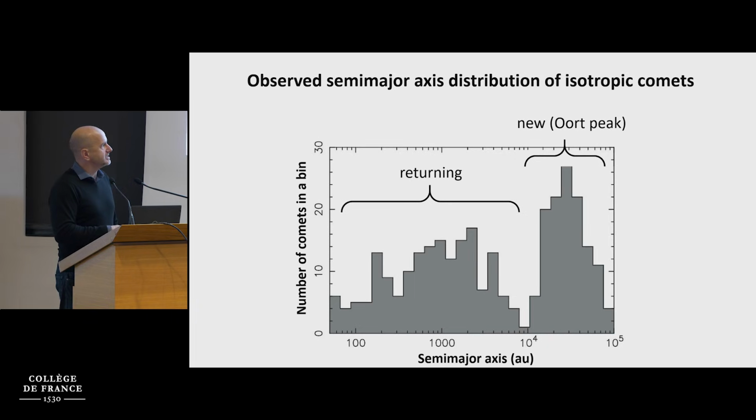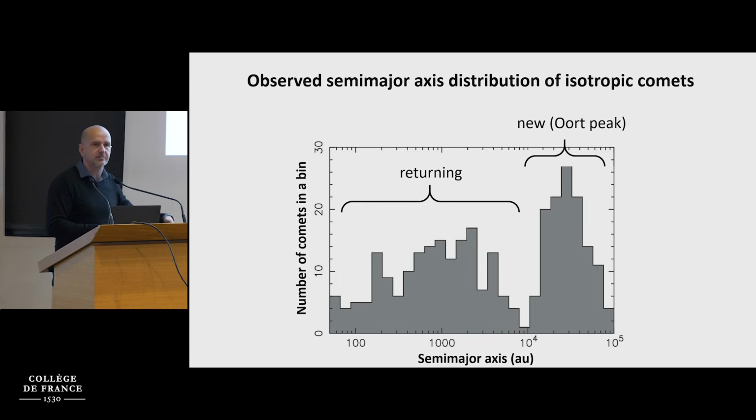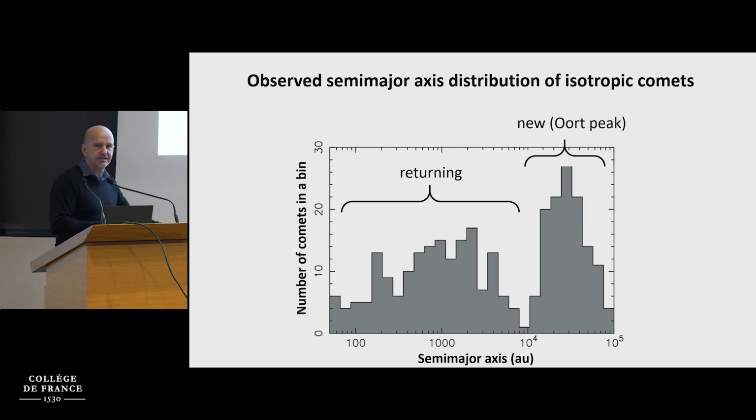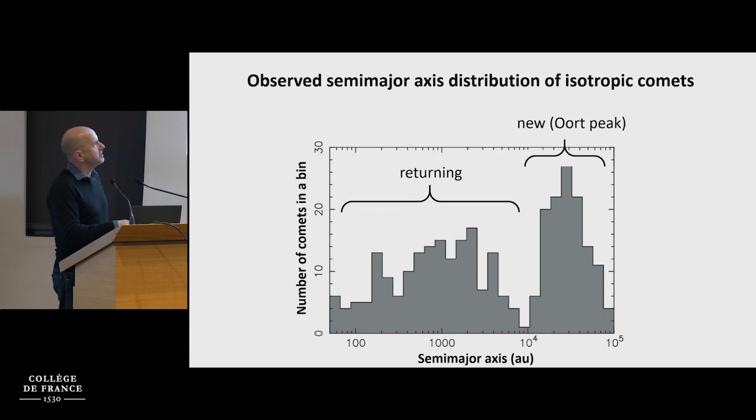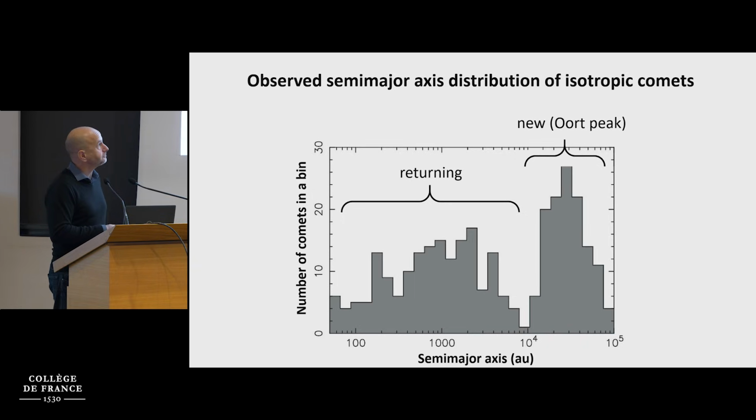So these are comets that have been in the Oort cloud. They had at least one perihelion passage before they were seen, and now they are coming maybe for the second, maybe for the third time back, and they're seen. So that's why this peak is called the peak of the returning isotropic comets.